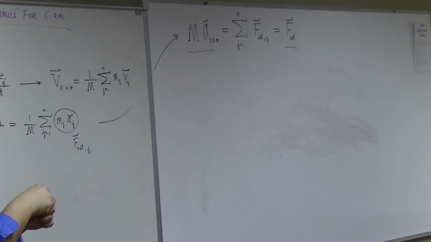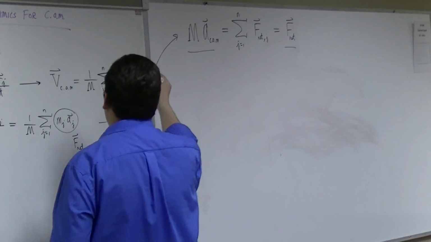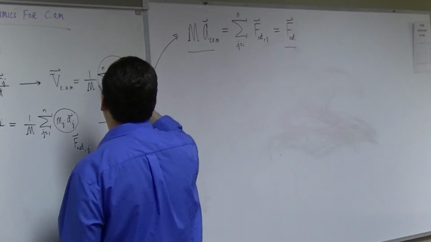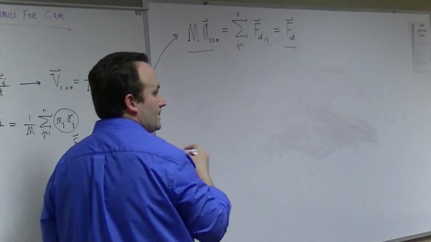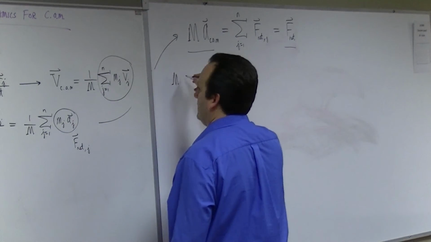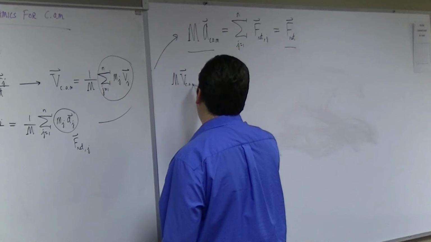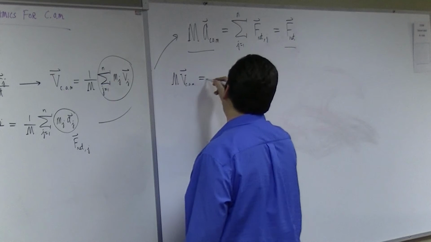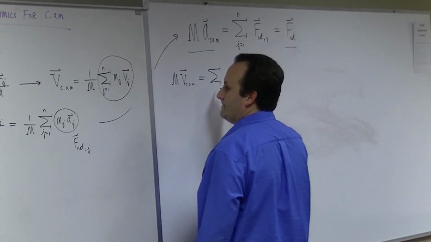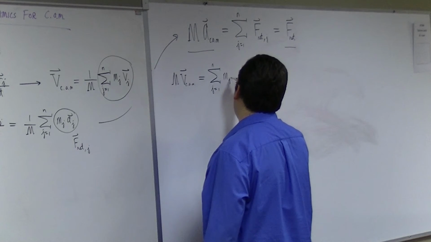There's more to say about this. Well, I could say one thing. This thing is so important it has a name. And if you multiply m to the other side, what you get is m times the velocity of the center of mass is equal to the sum j equals 1 to n, m sub j, v sub j.